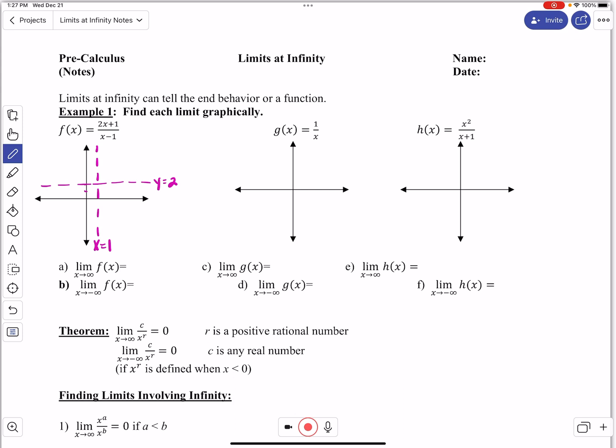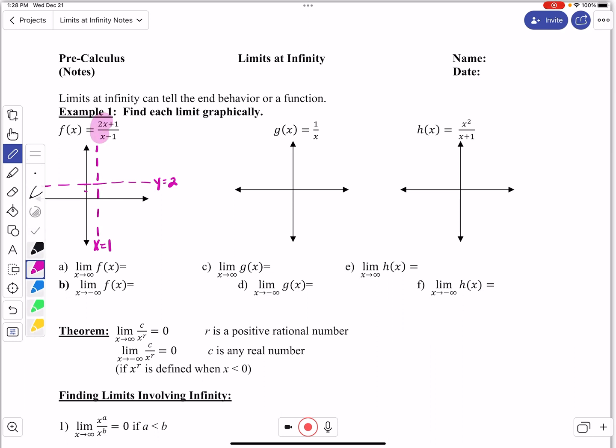Now, if you remember how to get these asymptotes, you get your vertical asymptote by setting your denominator equal to 0. So if we take x minus 1, set it equal to 0, we'd get x equals 1. You get your horizontal asymptotes by looking at your powers of the top and bottom. You can always use Desmos as well and get an idea of where your asymptotes are. But also, if we look at our powers here, they are even.